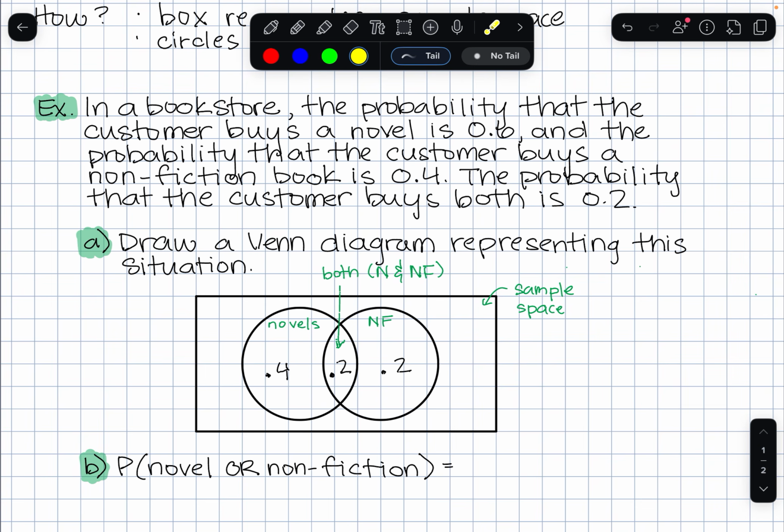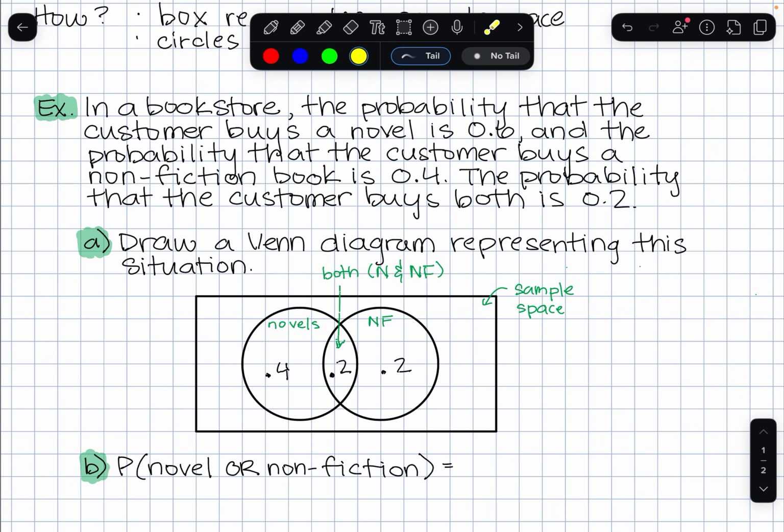That's a good sign. The next thing I want to do is figure out what the probability is that a customer buys neither a novel nor a nonfiction book. I want to know what probability goes in this yellow space outside of the circles. Well, I know that the probability that I end up in the sample space is 1, right? This is all possible outcomes for customers of that store.